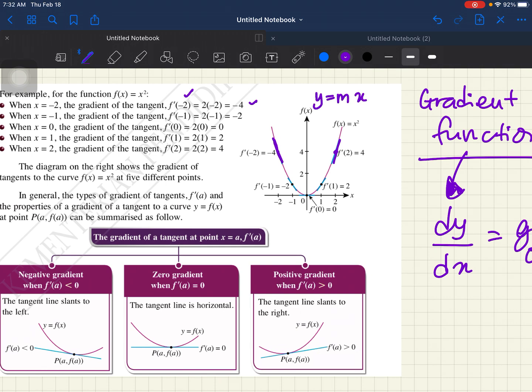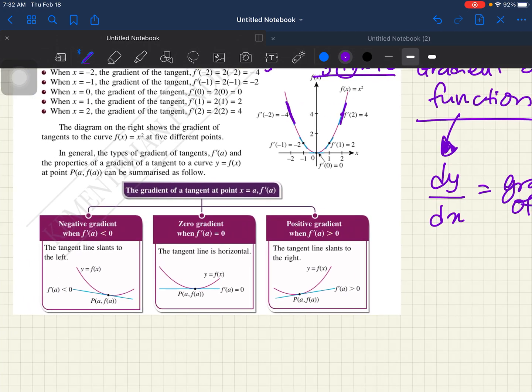Macam y sama dengan mx plus c. So m ni adalah the gradient. Inilah gradient function. So y sama dengan mx tambah c adalah function. So yang kita nak cari sebenarnya adalah straight line gradient ataupun gradient function.